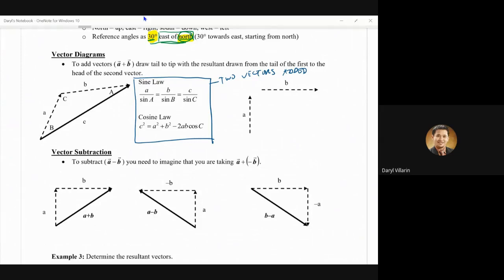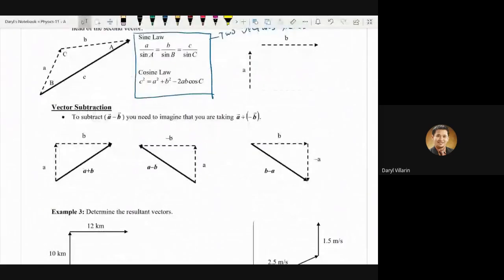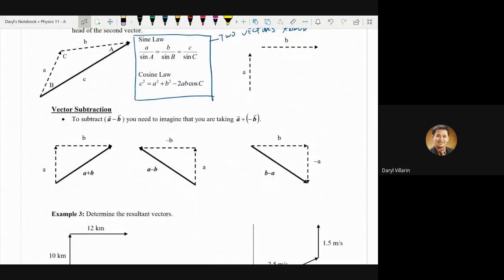Okay, so we move on to vector subtraction. Because in our case we'll just do addition and subtraction. We will not do any multiplication. So just vector addition and subtraction. So just try to remember that when you're subtracting two vectors, it's the same thing as this one here.